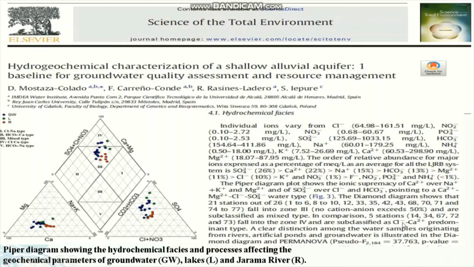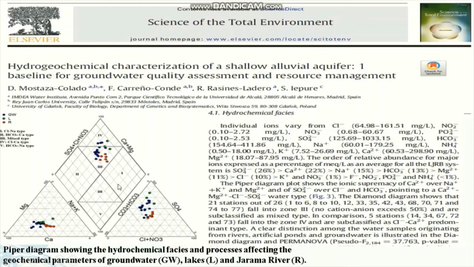In comparison, 5 stations, the number has been given here, fall into zone 4, which is Cl and Ca type over here. Zone 4 is subclassified as Cl, this is Ca type, predominant type. A clear distinction among the water samples originating from river, artificial ponds and groundwater is illustrated in the diagram.